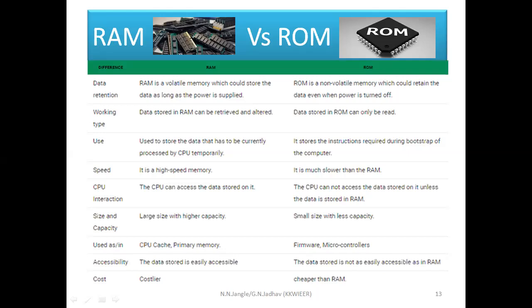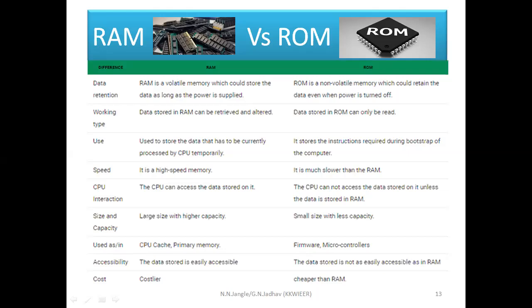CPU interaction. The CPU can access the data stored in RAM because RAM is placed near the CPU. But in ROM, the CPU cannot access the data stored on it unless the data is stored in RAM. The size of RAM is large with higher capacity, whereas the size of ROM is small and has less capacity.